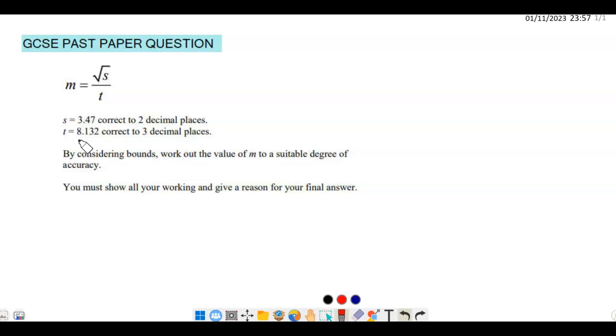So this is a typical question on lower and upper bounds. So first thing first is to find the lower and upper bound of s and t. So let's do that. So we have s as 3.47.